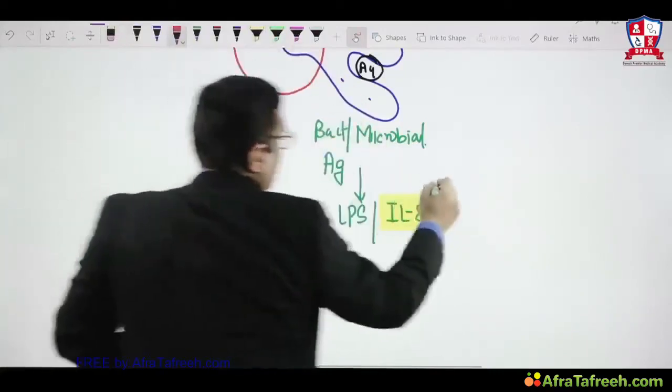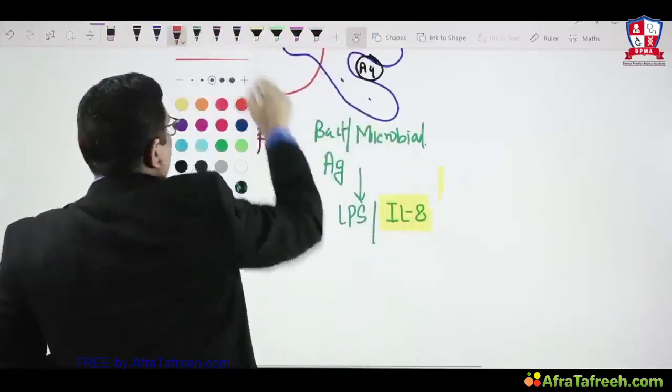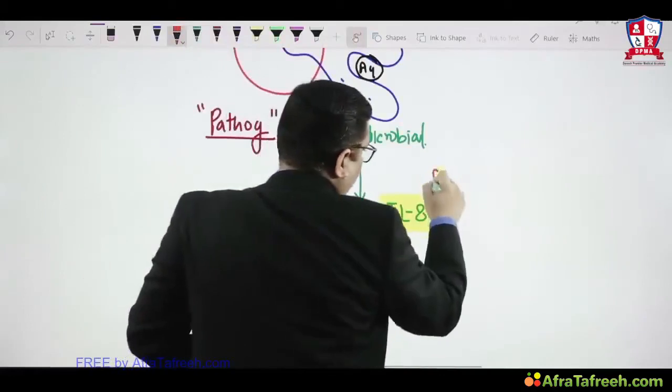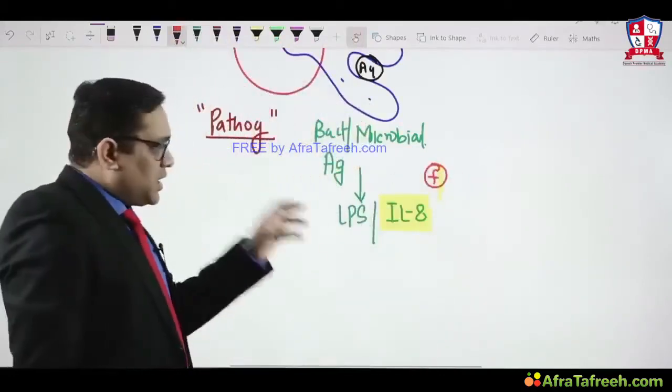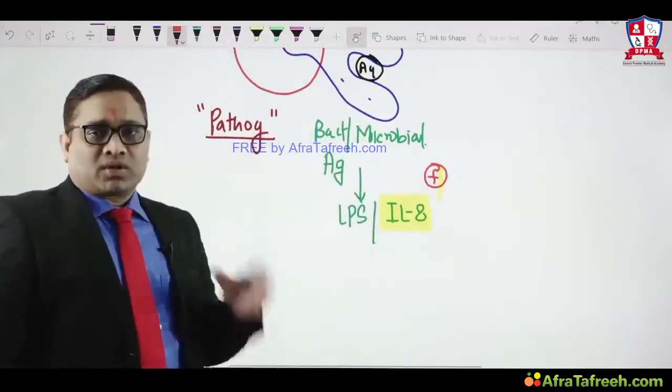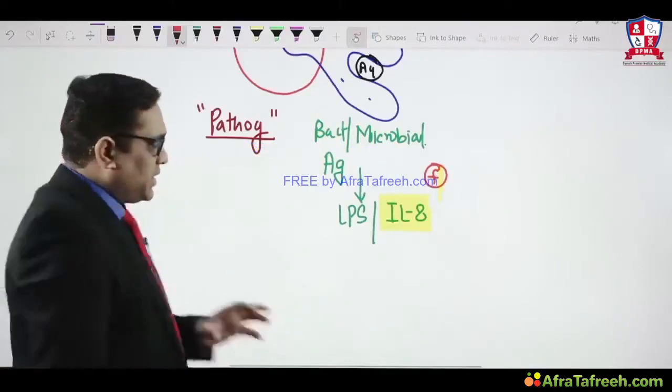So which cytokine is most important in formation of the neutrophilic extracellular trap? That will be interleukin 8. So interleukin 8 is the most important cytokine for neutrophilic extracellular trap formation, right? Now we will see.